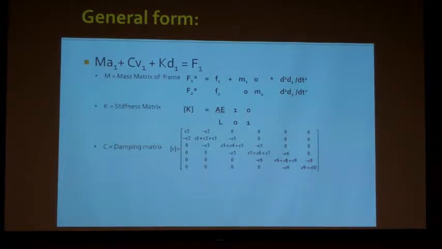And the mass matrix is always going to be in kips or pounds times second squared divided by inch, which if you have your acceleration matrix, that's going to be inches per second squared. So all of those are going to wind up canceling out to just kips, and C is going to be kip second per inch.